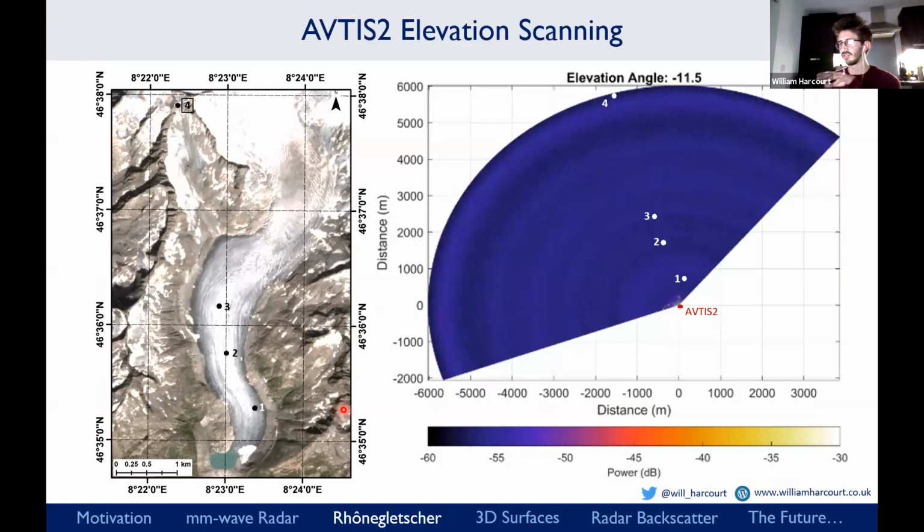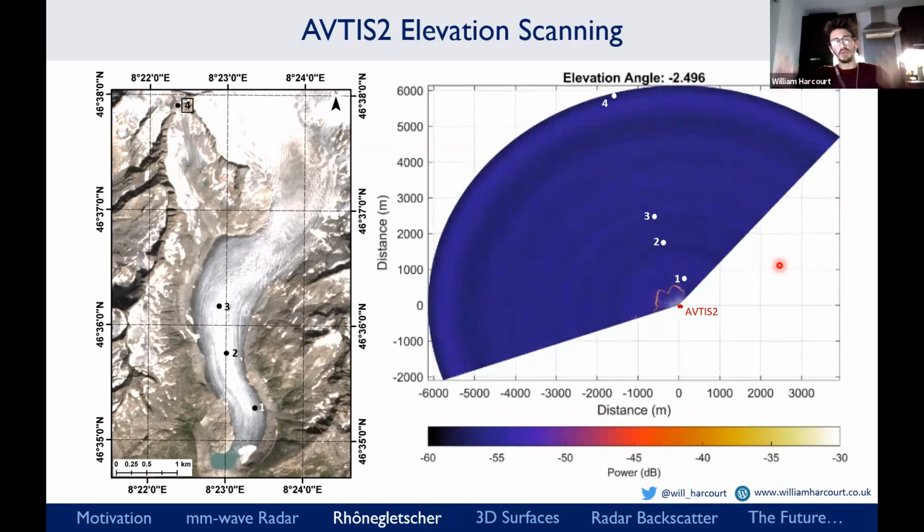And now to illustrate exactly what the data looks like. On the map here on the left-hand side, I've got a map of the glacier. This plot on the right-hand side shows one left to right sweep of the radar. So this is basically all just noise at one single elevation angle. But if I play this video, and hopefully you can see it okay. Yep, there we go.